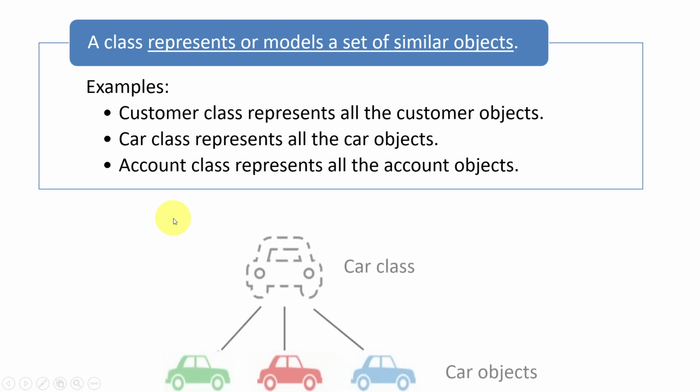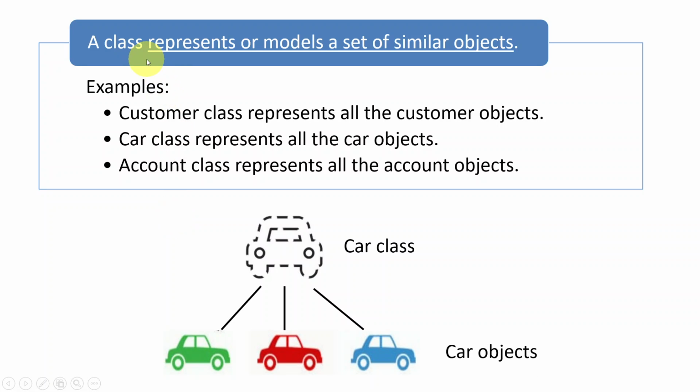Those are the two important features of a class. So let's take them one by one. A class represents or models a set of similar objects. For example, if you have different car objects, the car class models all the car objects. The customer class represents all the customer objects. The account class represents all the account objects.